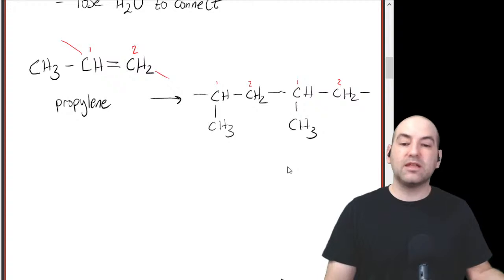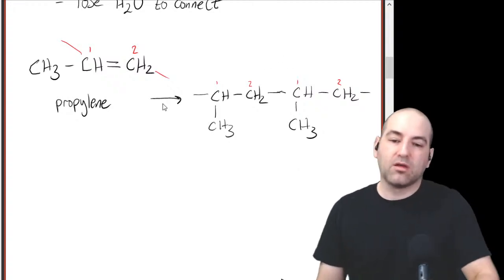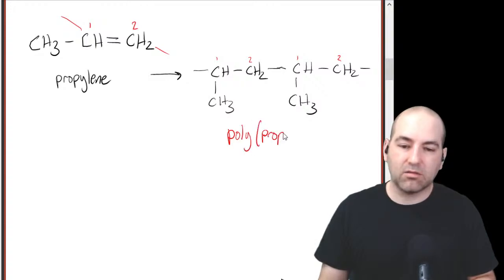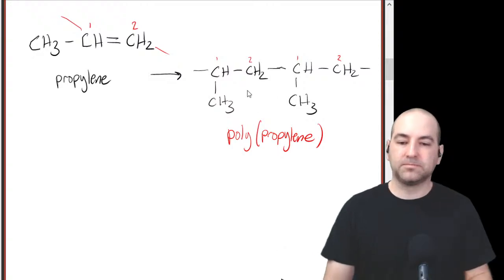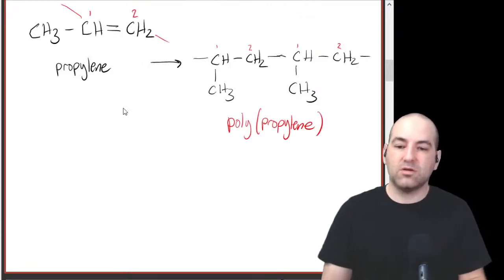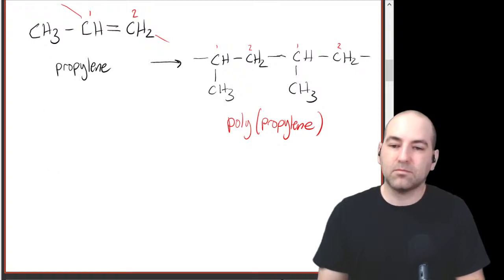And it's just going to be repeating over and over and over again. So this is polypropylene. And if we want to draw polypropylene in the smallest repeat unit structure, we can go like this.